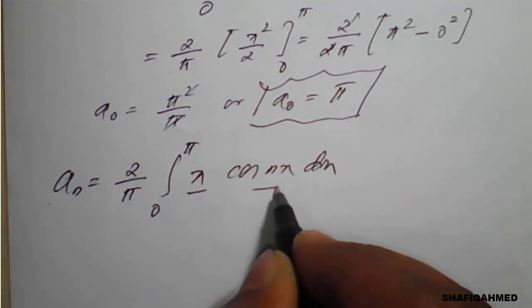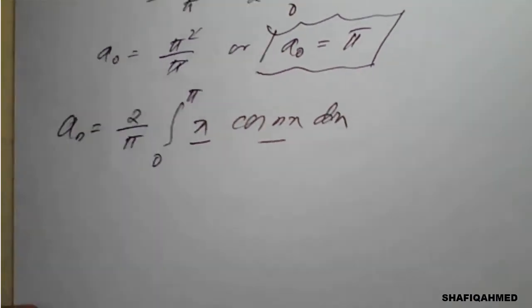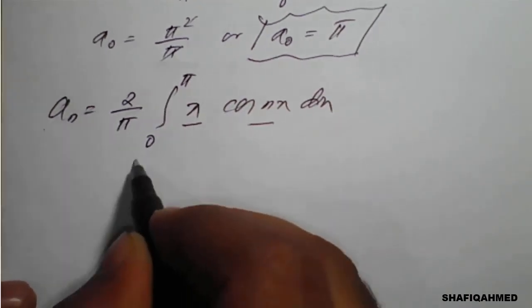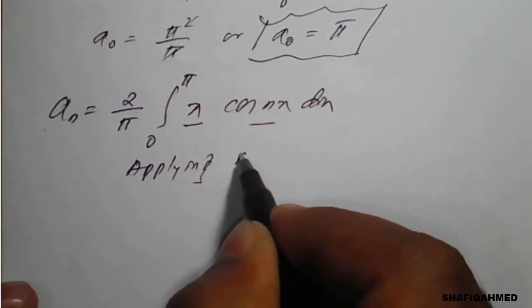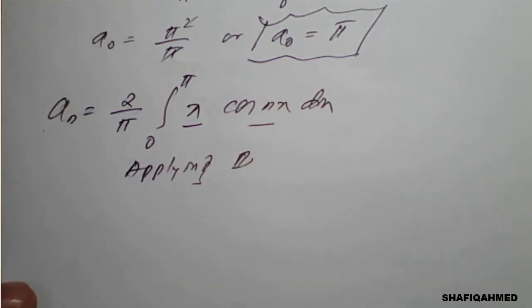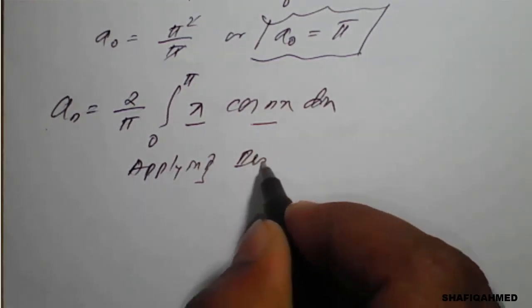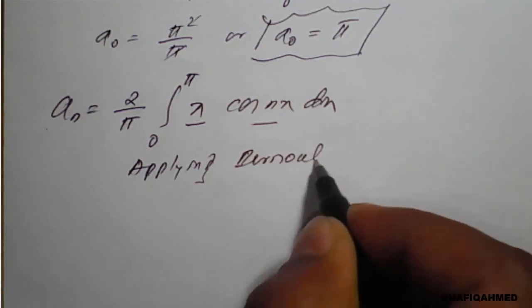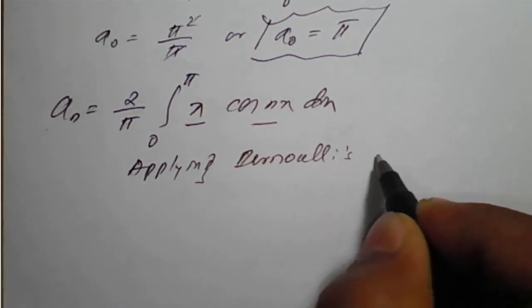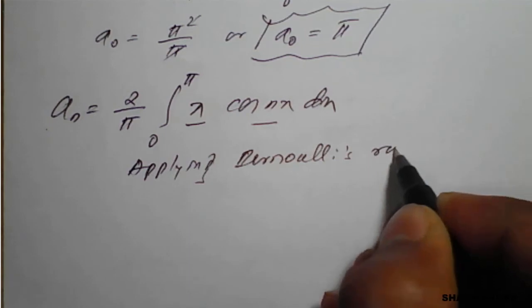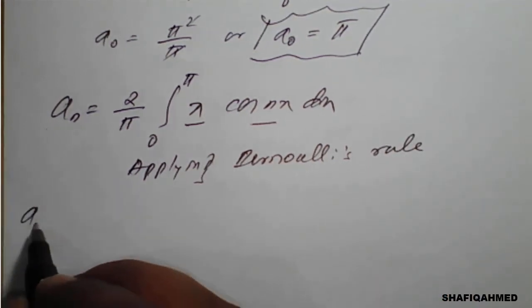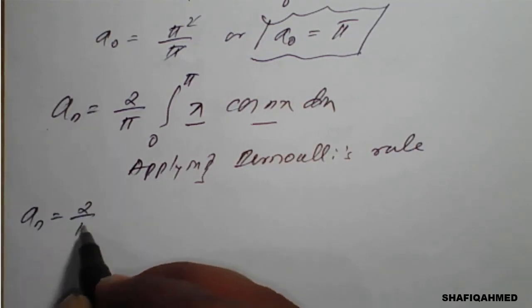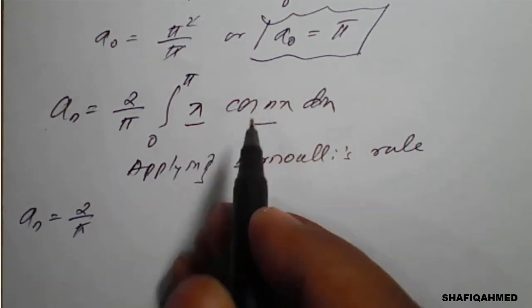For these two we need to apply Bernoulli's rule. So an is equal to 2 upon pi as it is, u and v.